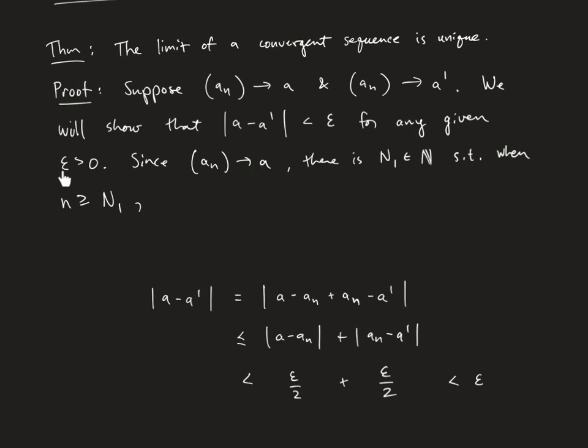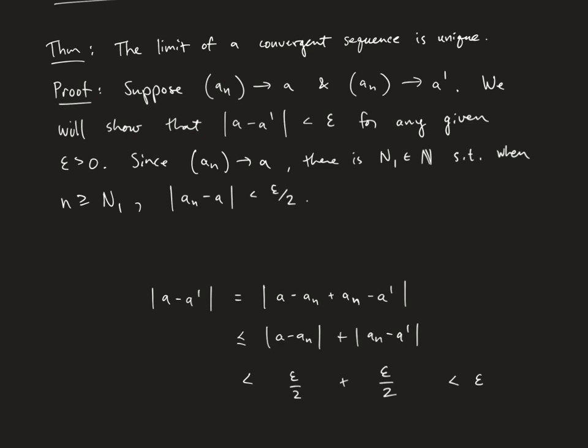So what we want is epsilon over 2. We go out far enough so that the distance between an and a is less than epsilon over 2. So such that when n is greater than or equal to n1, the absolute value of an minus a is less than epsilon over 2.